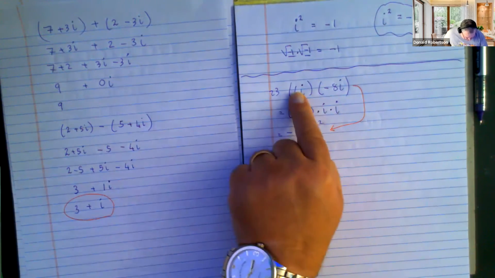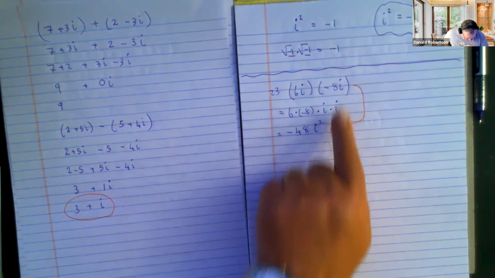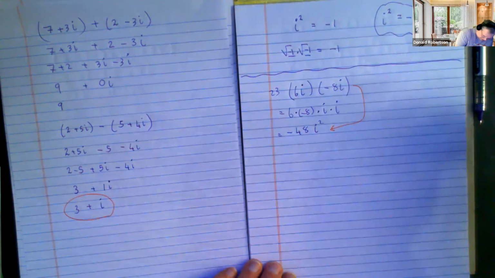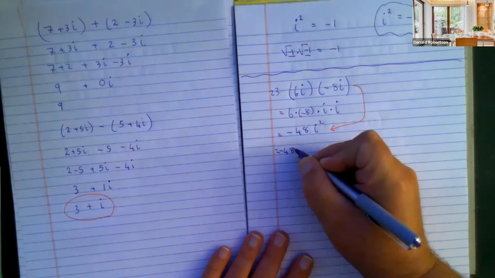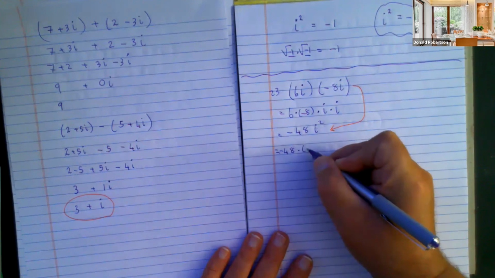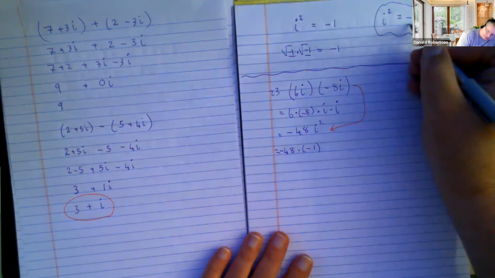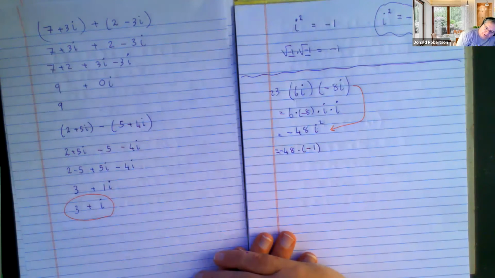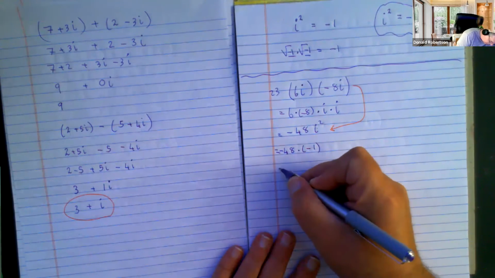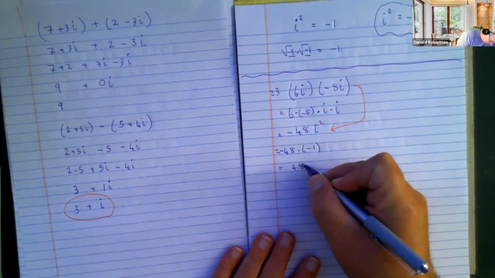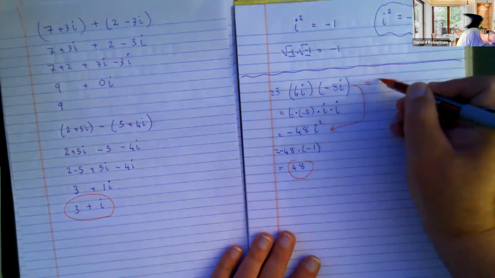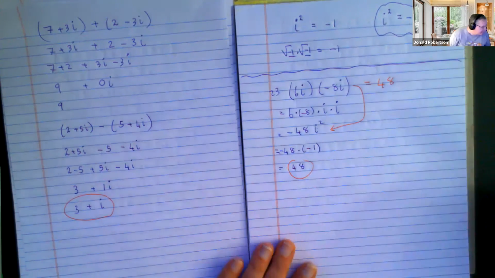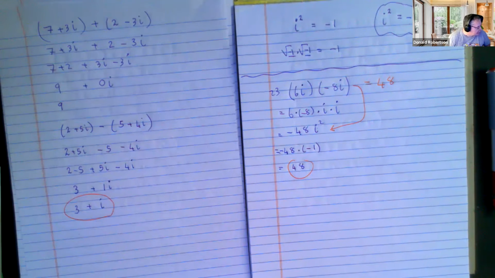Right, -8 times 6, -48, i times i is i squared, done. Now, -48 times i squared, the value of i squared is -1. And so -48 times -1 gets you 48. So the answer to this multiplication is just 48, which might seem a little bit surprising to you, but that's exactly what you would get.